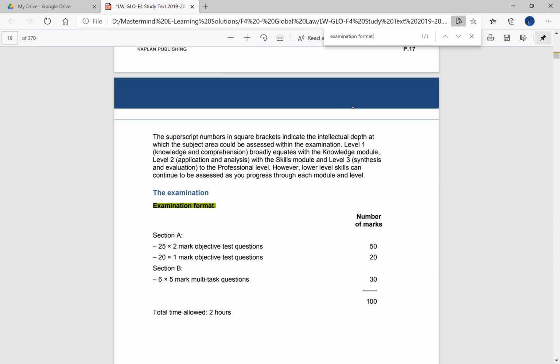Are we clear? Book reading is very essential. Without book reading, there's a very high chance you will not be able to pass the paper. So we are also going to study from the book only. It would become very easy for you to read the book side by side because I'll be explaining things from the book only.